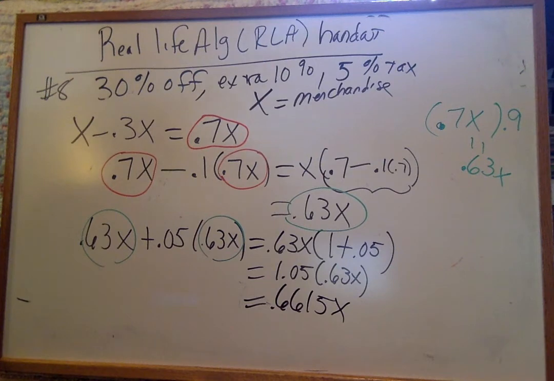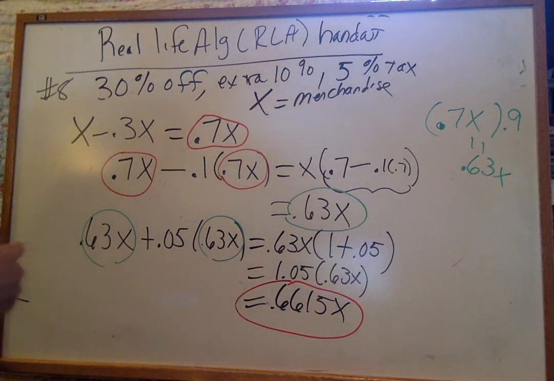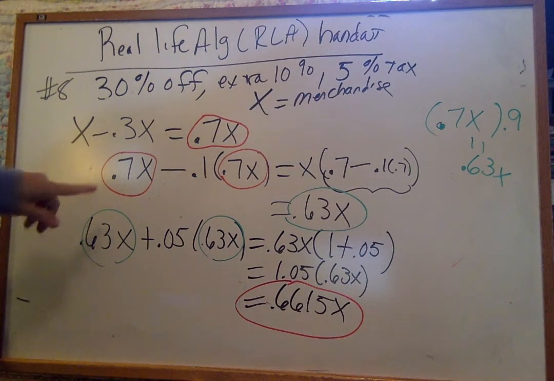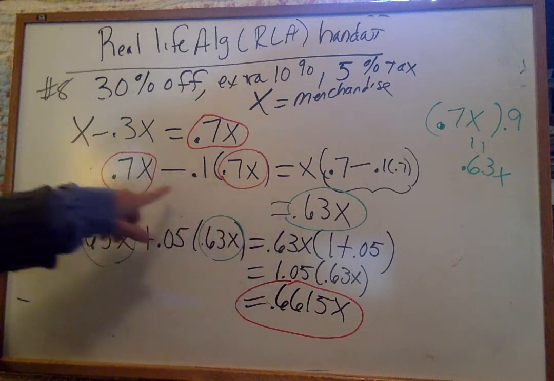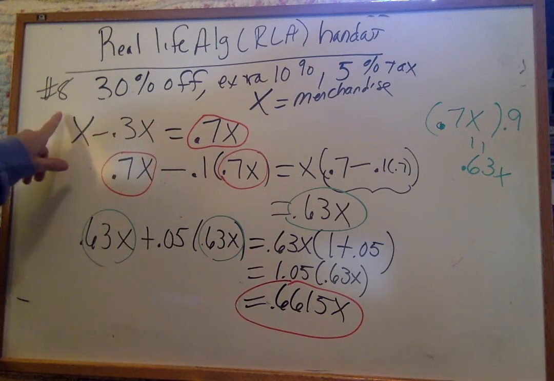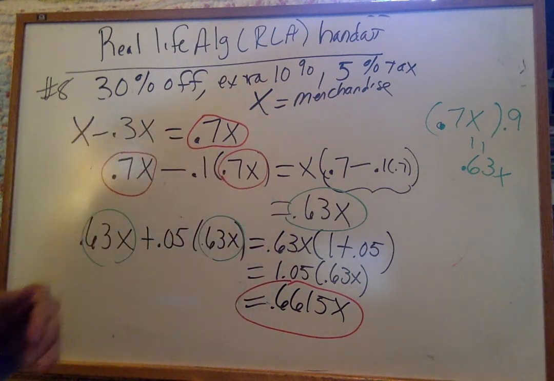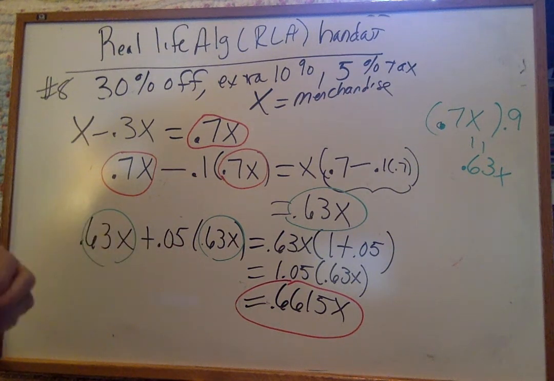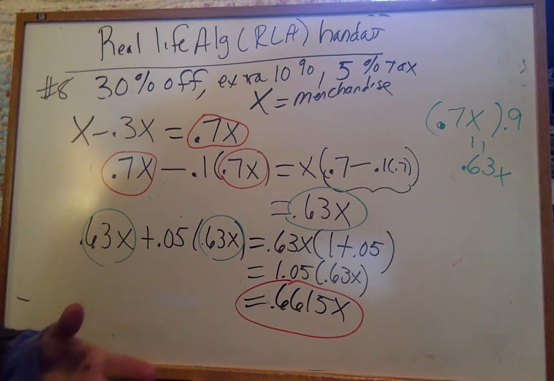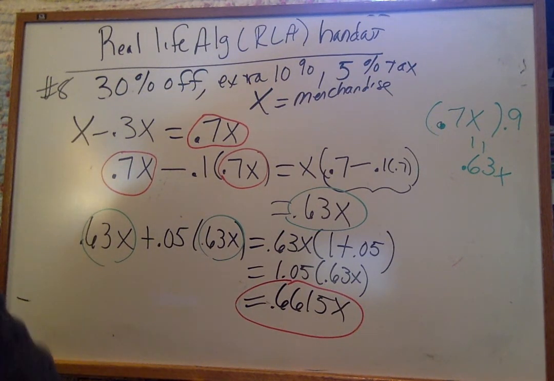Let me attempt to say a few words of why I keep showing it in so many different ways. See, when we had a discount, our numbers were getting smaller. We went from basically a coefficient of 1 to 0.7 to 0.63 because they were taking off discounts, right? That makes sense. But remember, tax is adding to it. If there's 5% tax, you are really paying 105% of the original price.